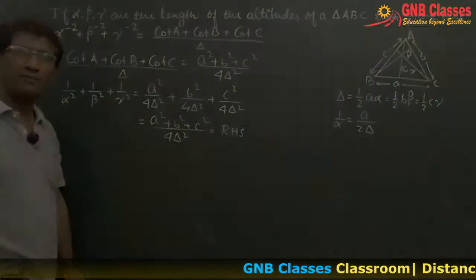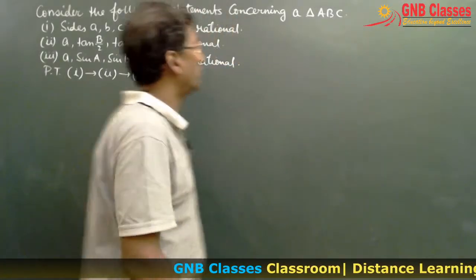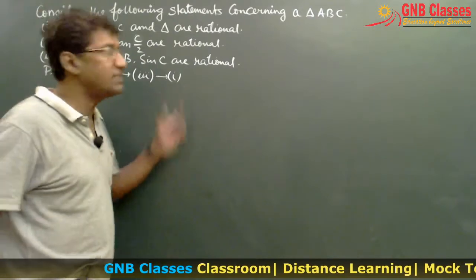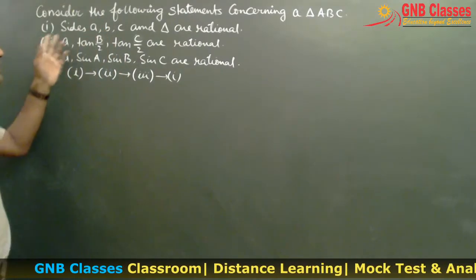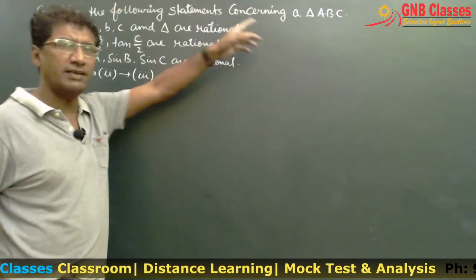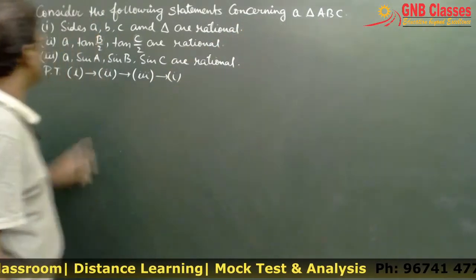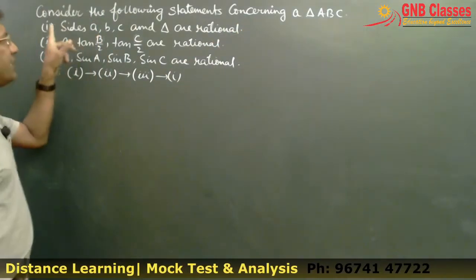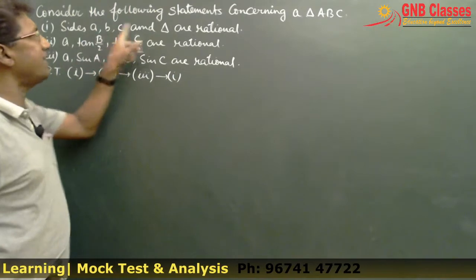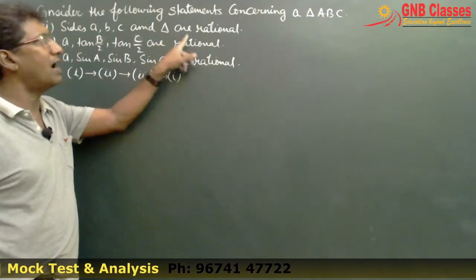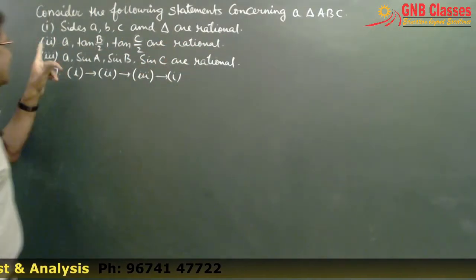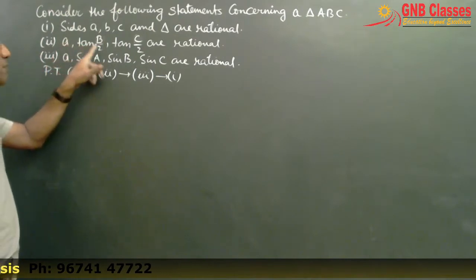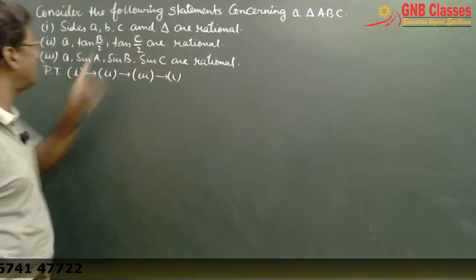Absolutely. Now see our second problem. It came in our IIT JEE examination. Consider the following statements concerning a triangle ABC. First one is sides a, b, c and the area are rational. The second one is tan A/2, tan B/2, tan C/2 are rational.